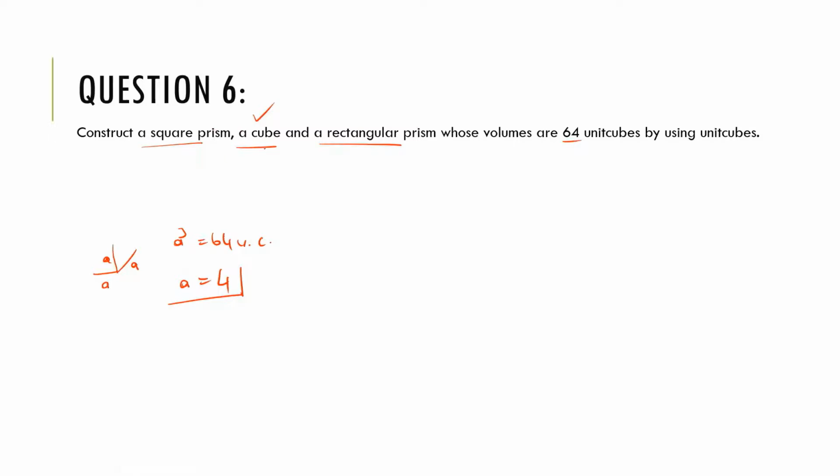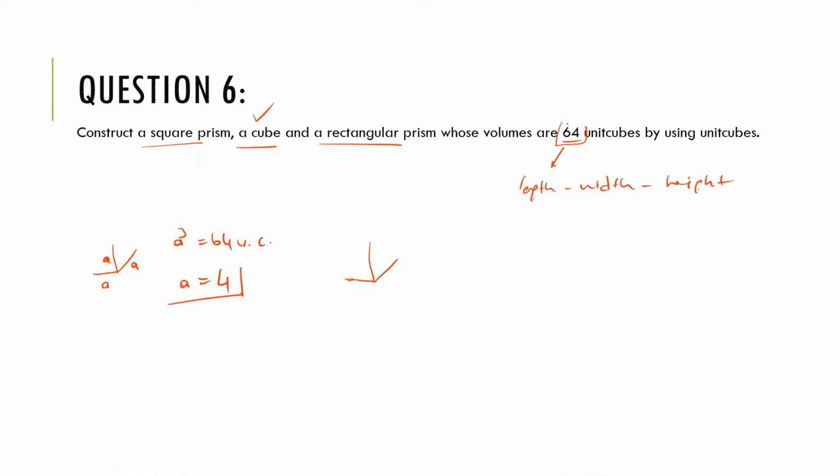And a square prism should be the same, 2 of them. So we can think that length, width, and height.